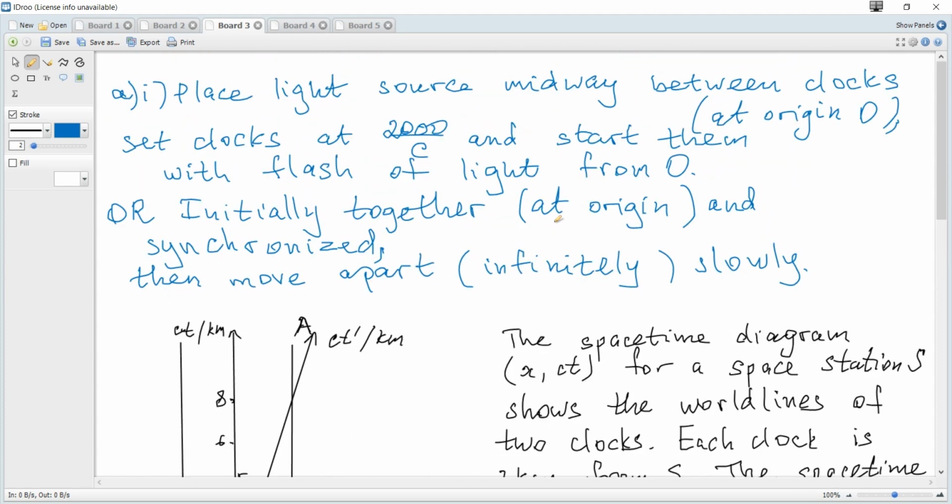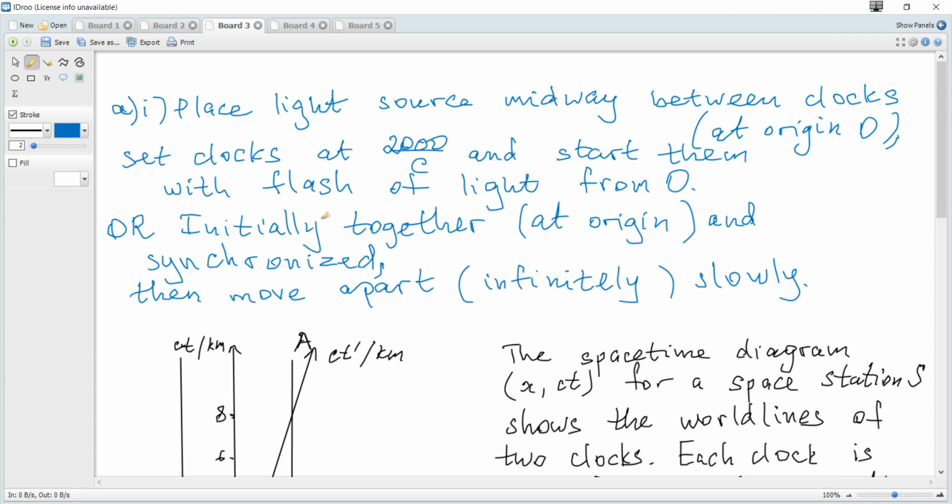We can do that if we place a light source midway between the clocks at the origin and set the clocks at 2000 over c, just the time required for light to travel from the origin to each clock, and start them with a flash of light from the origin.